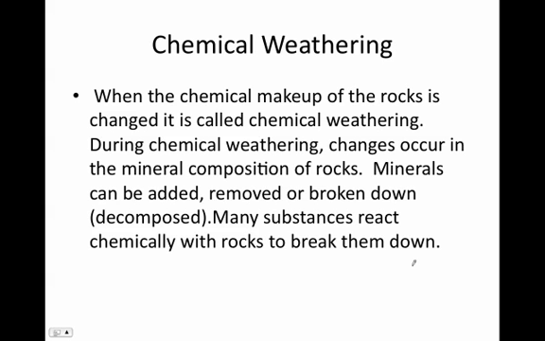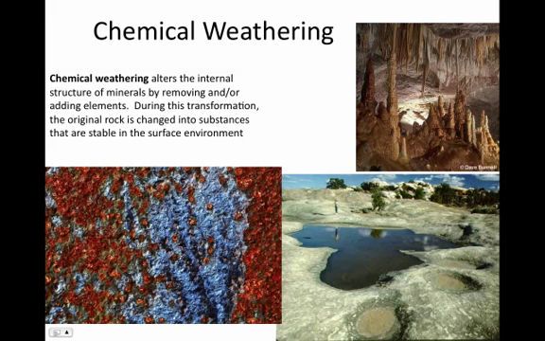And there are lots of telltale signs that the rock is chemically being weathered. One is the rock will turn a different color, so you'll see a color change in the rock. That usually tells us we have chemical weathering. Gases can be produced, causing bubbles on the surface of the rock. So here's some examples.